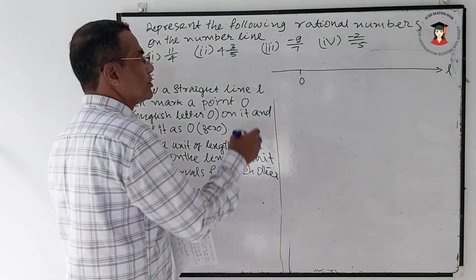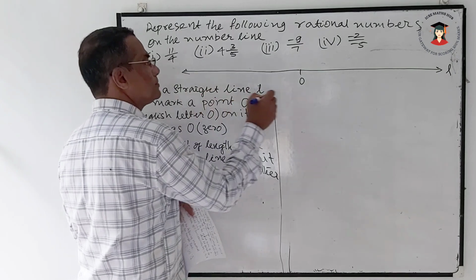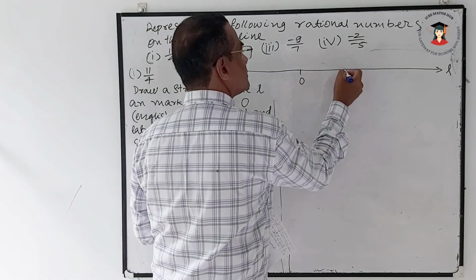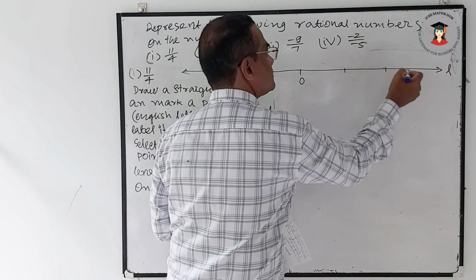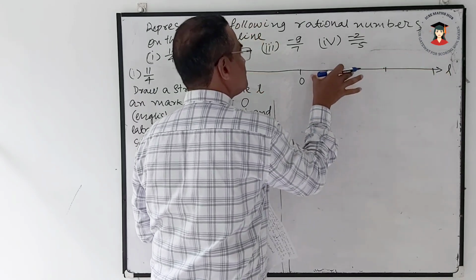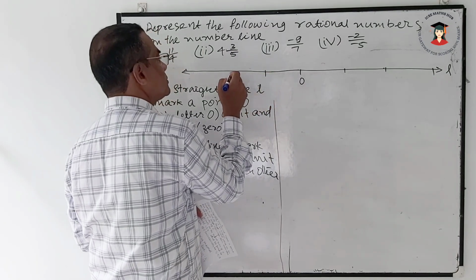So let us mark the points at equal distances. Take the same unit length here also.